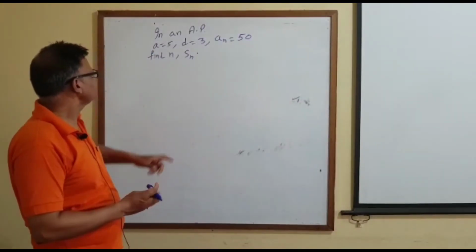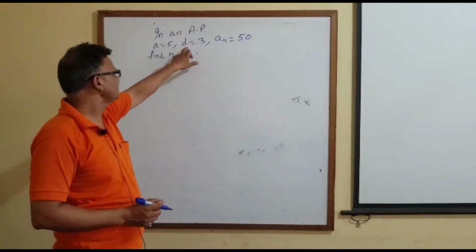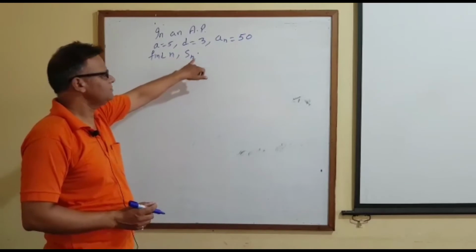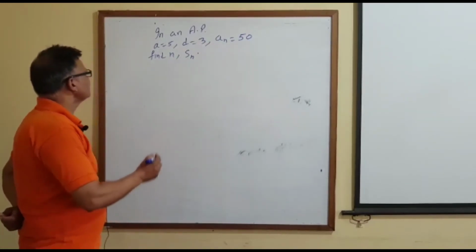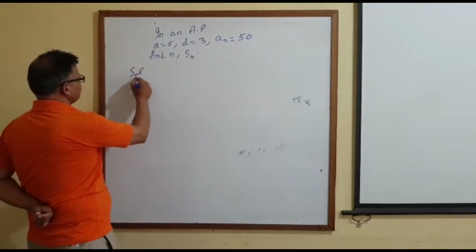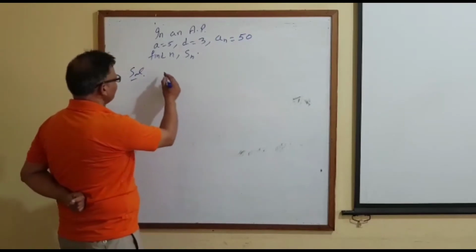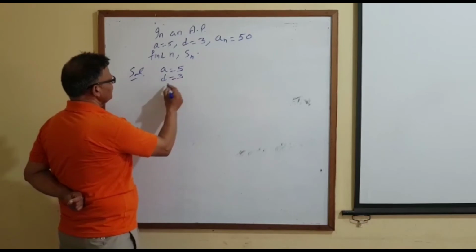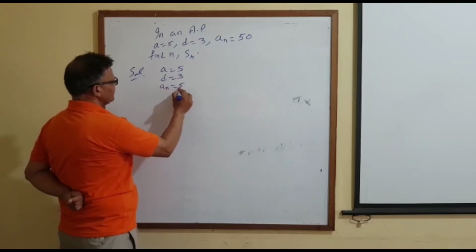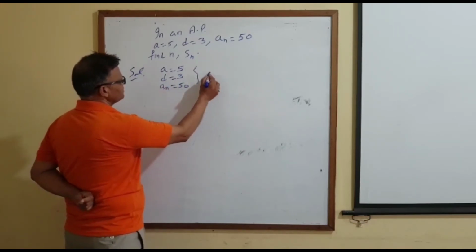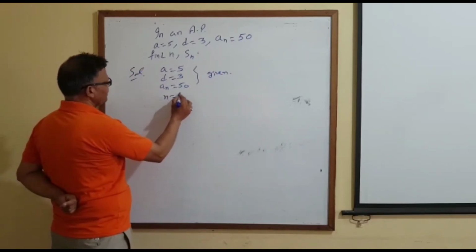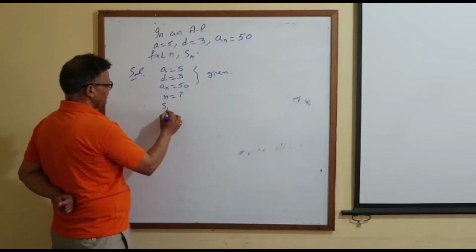In an AP, if a is given, d is given and Sn is given, how do we find n and Sn? So let's solve. First of all write a is equal to 5, d is equal to 3 and an is equal to 50. These things are given. Now what do we have to find? We have to find n and Sn.